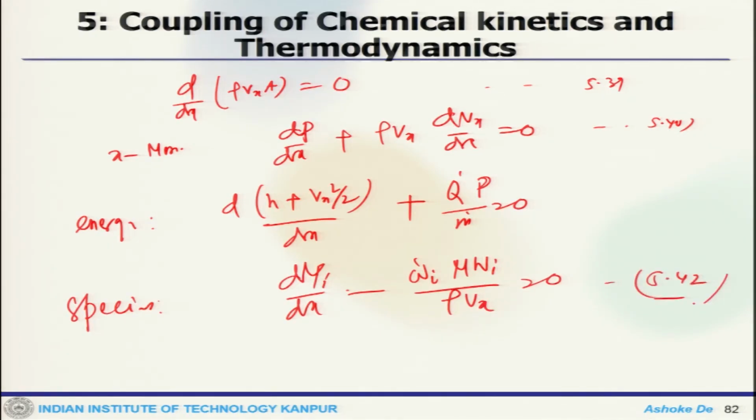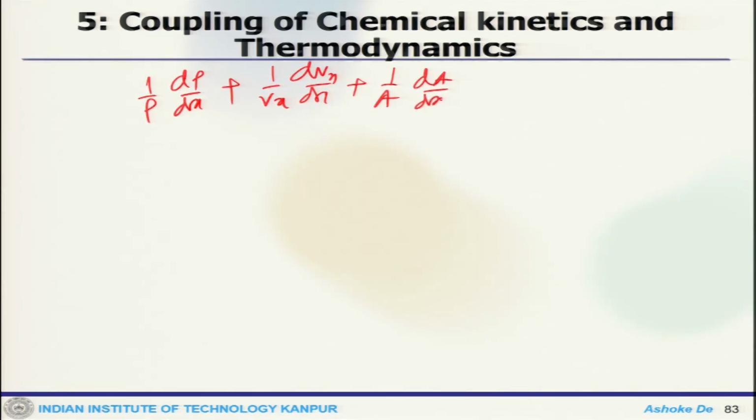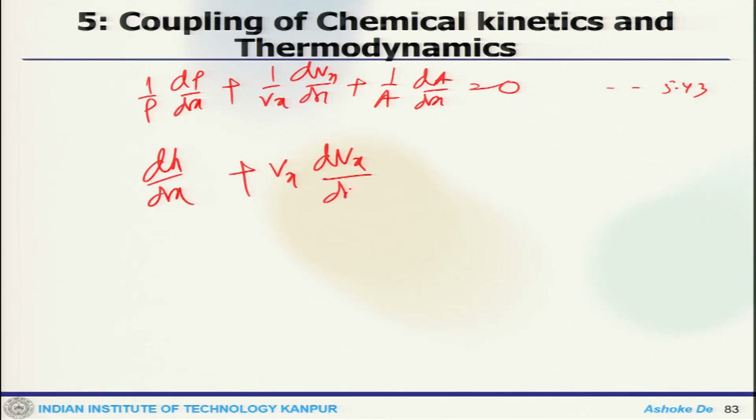So, now equations 5.39 to 5.41 can be rearranged to give 1 by rho d rho by dx plus 1 by Vx dVx by dx plus 1 by A dA by dx equals 0, and dh by dx plus Vx dVx by dx plus q dot P by m dot equals 0.